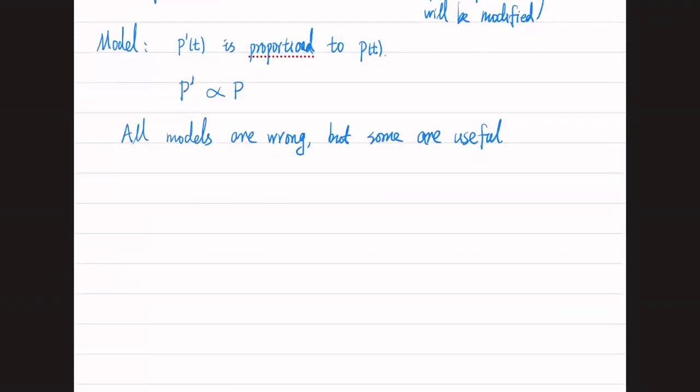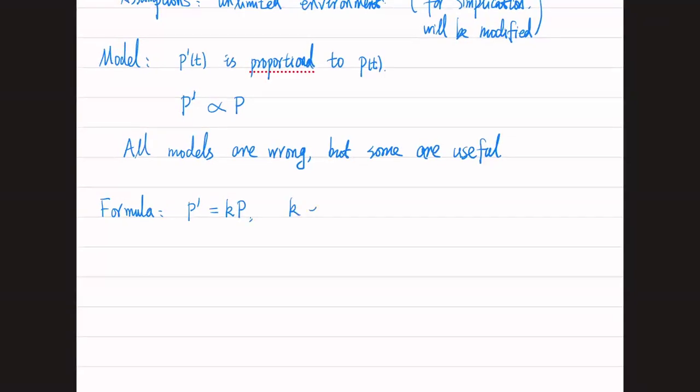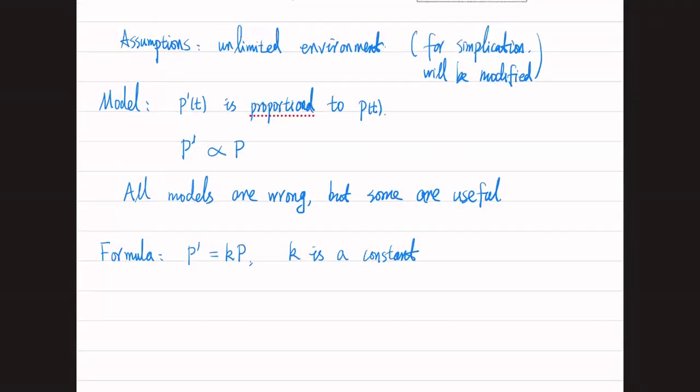Okay. So we have the model. Now we want to write it as a mathematical formula. The derivative is proportional to P. We use this P derivative equals kP. So here k is a constant, determined by the virus.